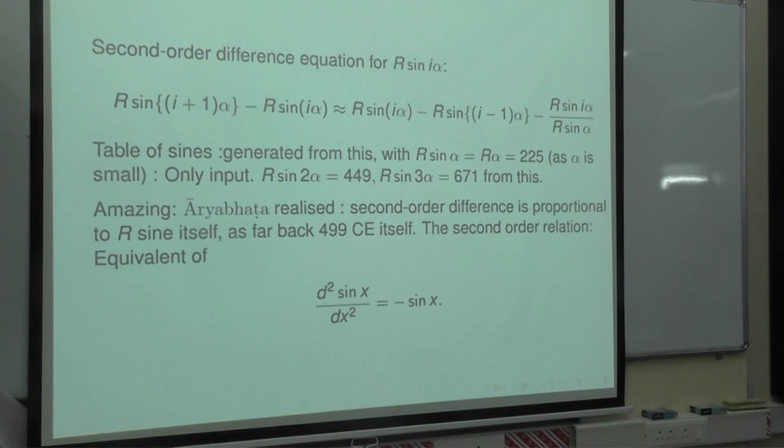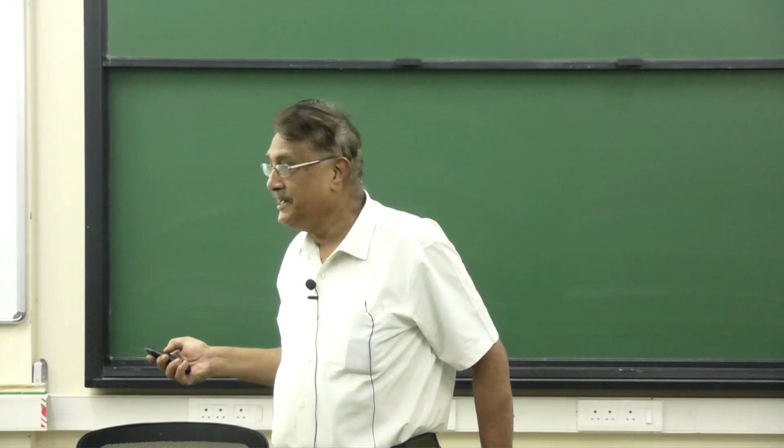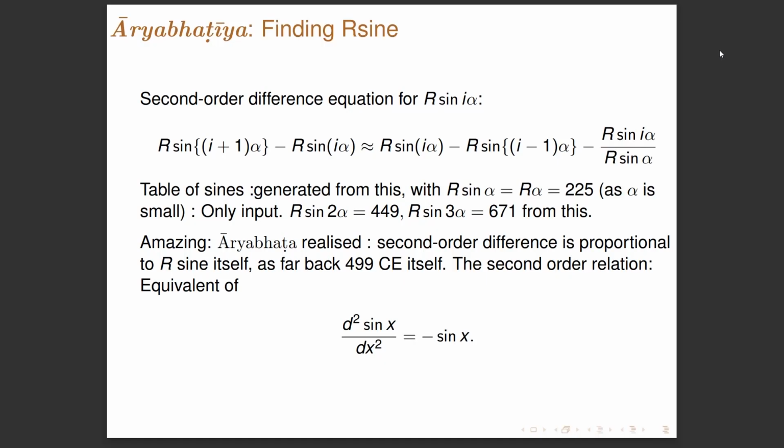Now I have to remark about what exactly this means and what its significance is. This one is called a sine difference, the difference between successive sines, for i plus 1 alpha and i alpha. It is sometimes called a first order difference.